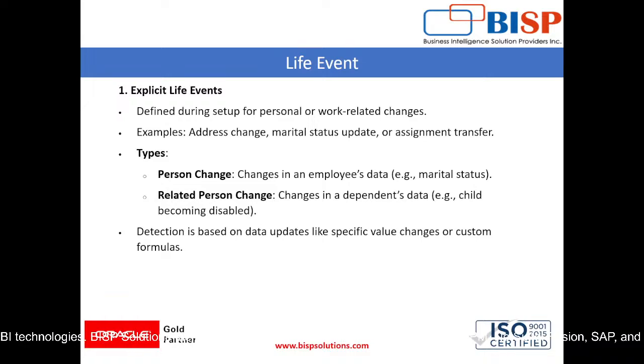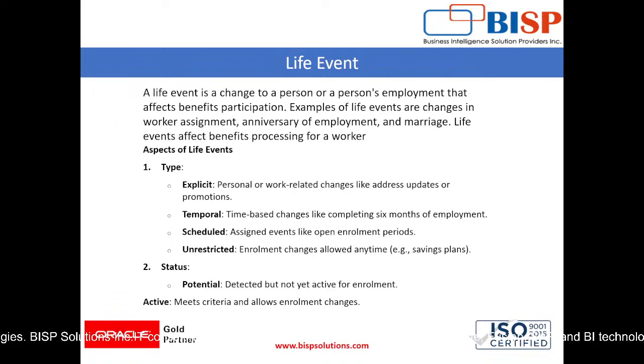Then we discussed what is explicit life event. Explicit are personal or work related changes, like address updates or promotion, or marriage, which will also be a personal change. Then temporal is a life event which is time based, like completing 6 months of employment.